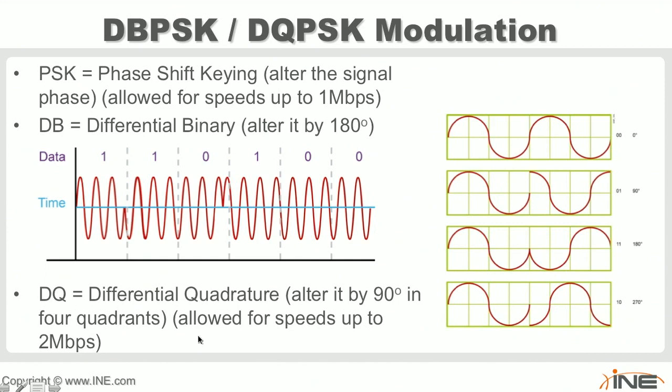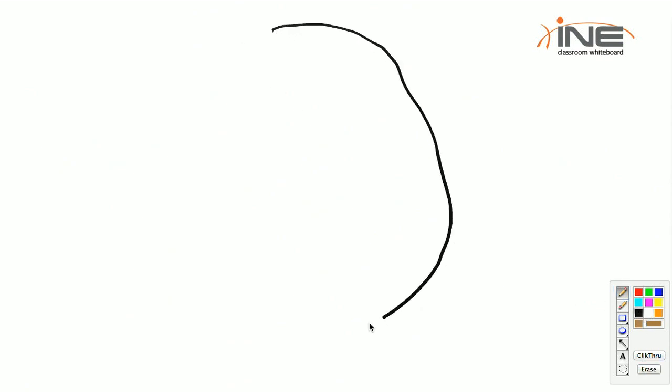With differential quadrature, that's where we get into these 4, where we actually use a quad type system. If we look at an azimuth chart where we've got 0 to 360 degrees, we can cut it up, let me just draw it actually, to make sure that there's no miscommunication.